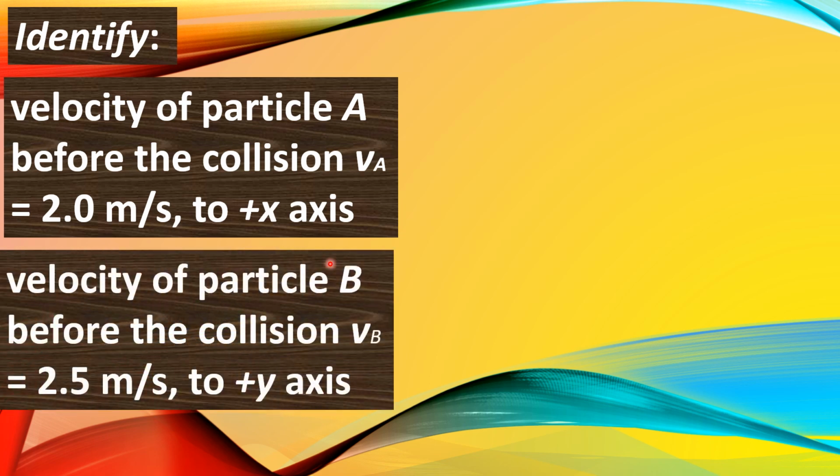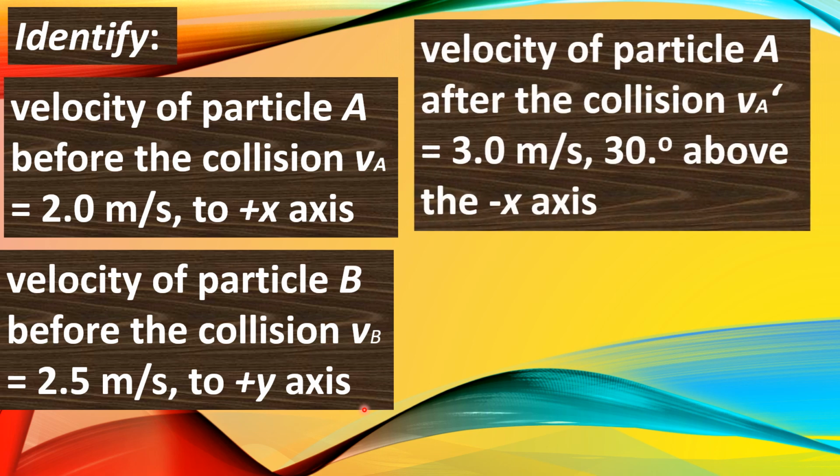We also have the velocity of particle B before the collision, v sub B equal to 2.5 meters per second, directed to the positive y-axis. And we are also given the velocity of particle A after the collision, v sub A prime equal to 3.0 meters per second, directed 30 degrees above the negative x-axis.